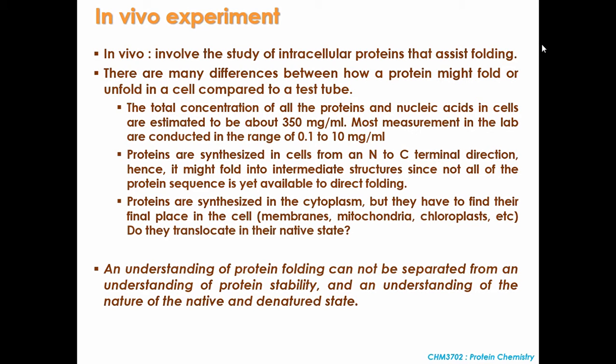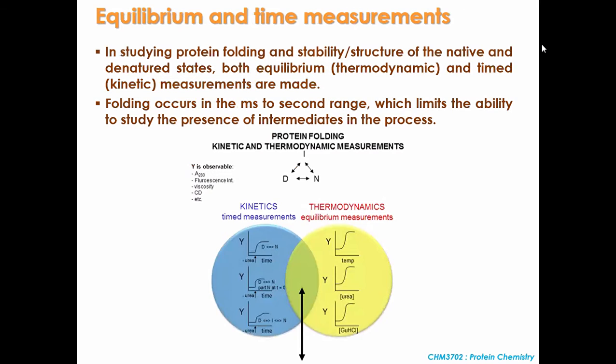So I'll skip this. This is how we study the process. We can use a different spectrophotometer. I personally prefer circular dichroism, but as I mentioned, the information that we get from circular dichroism is too simple.